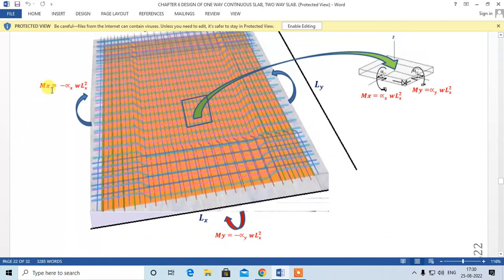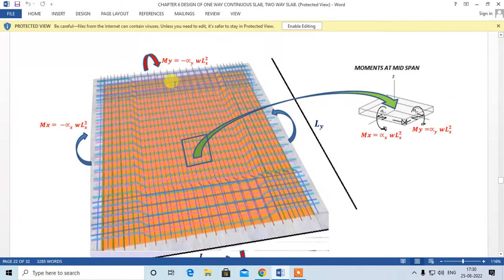So Mx negative will give the reinforcement at the support, My negative will give the negative steel at the support, that is top steel. Mx positive will give the bottom steel along the shorter span. My positive will give the positive steel at the bottom along the longer span, right?